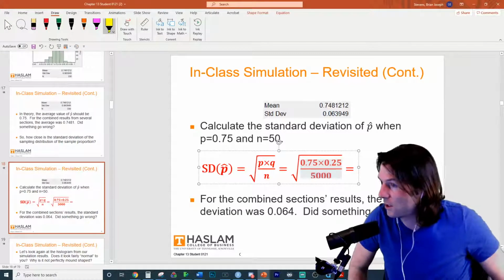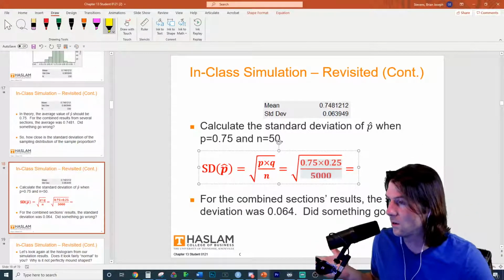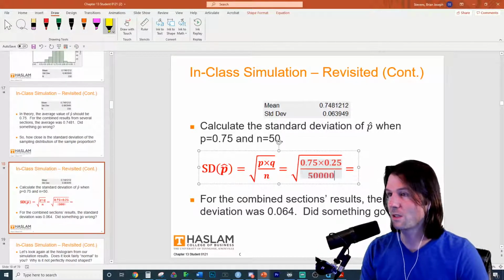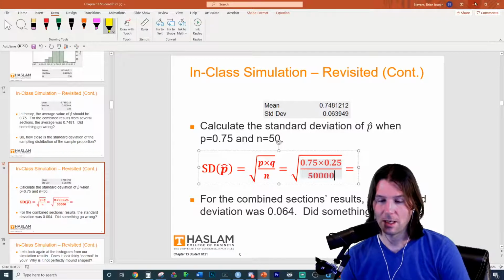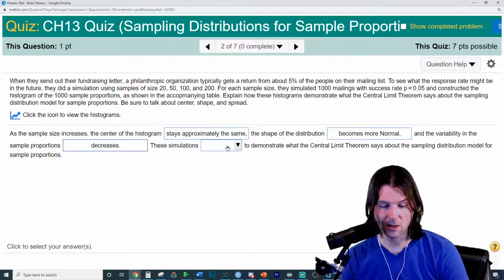The standard deviation, because we're dividing by n, and then we're square rooting, but mostly the important part is the dividing by n. So as we go from a sample size of like 5, yep, it's going to get smaller because we're dividing by the number. So it's going to decrease the variability. These do demonstrate this because simulations demonstrate the truth.